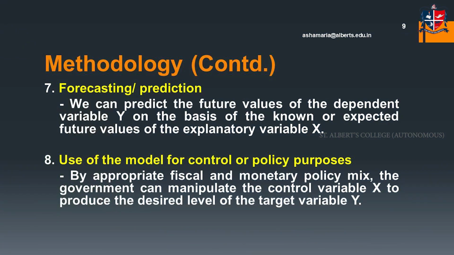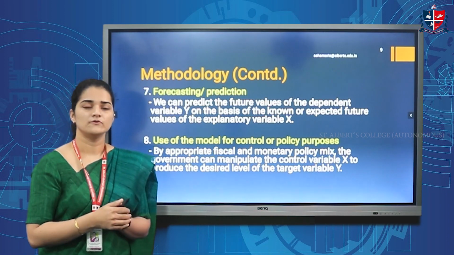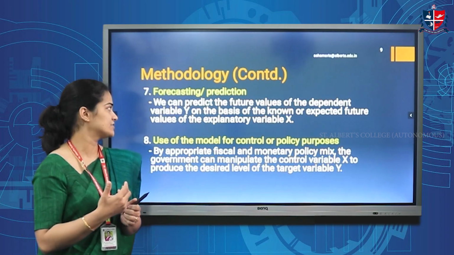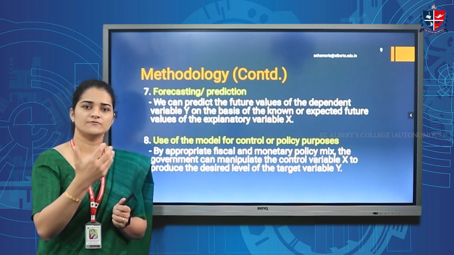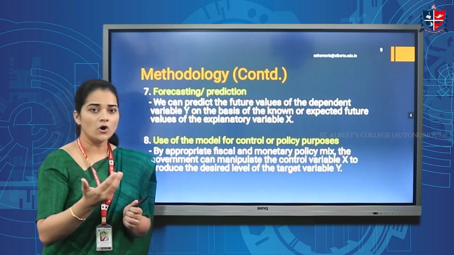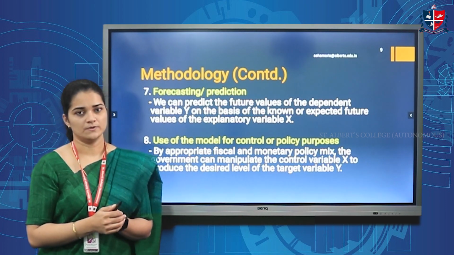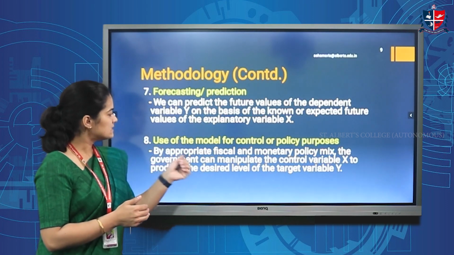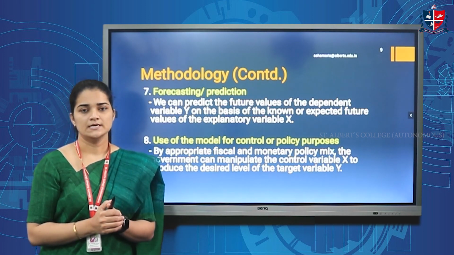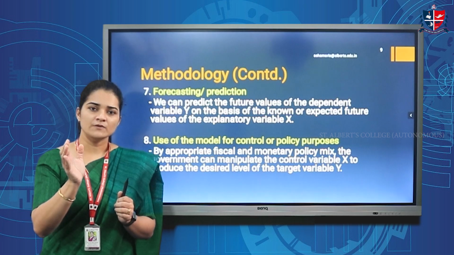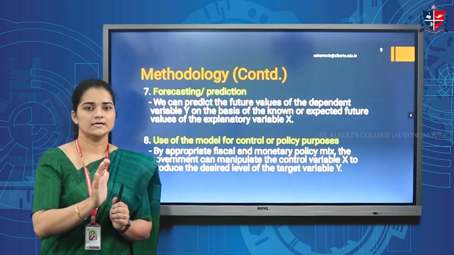Once the hypothesis is in confirmation with the economic theory, we can use the model for forecasting or prediction. Here we predict the future values of the dependent variable for the known or expected future values of the explanatory variable. And finally, this model can be used for control or policy purposes, in the sense that the independent variable becomes the control variable and the dependent variable becomes the target variable.